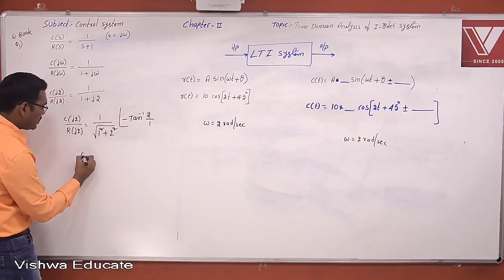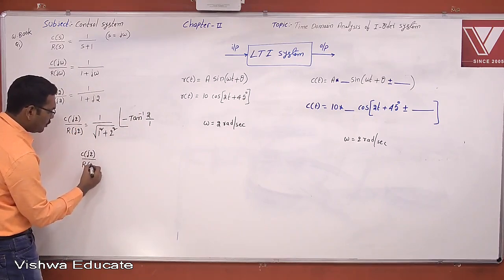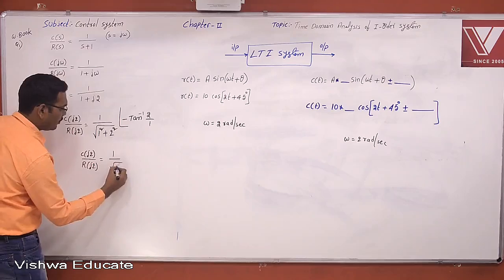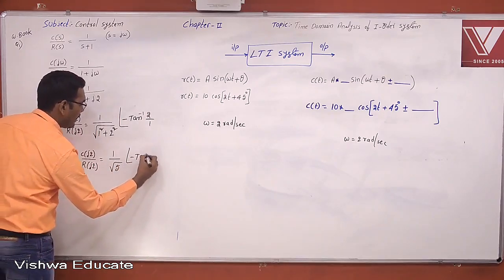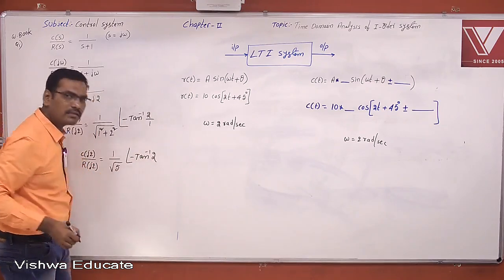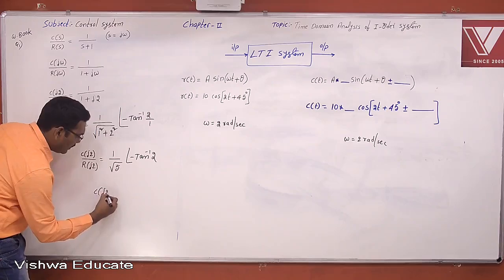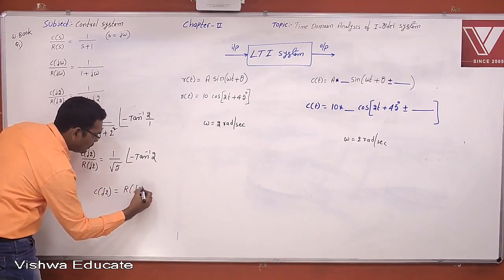Now I am asking, at 2 radians per second, output to input at 2 radians per second, there is a change in magnitude of 1 by root 5, that is 4 plus 1, and there is a change in phase angle of tan inverse 2. Now students, just concentrate: output at 2 radians per second is related to input at 2 radians per second.